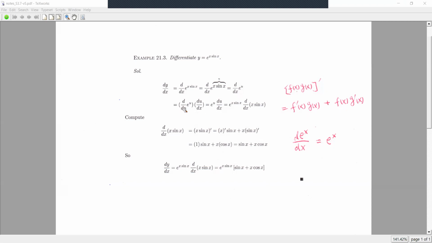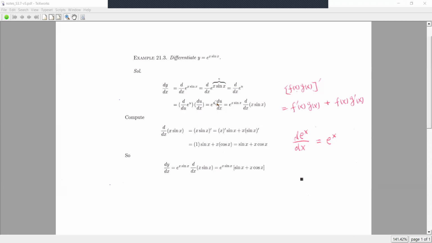I insert du to the denominator and put a du on the numerator. This is a product of two derivatives. The derivative of e to u with respect to u by this formula is e to u. So I have this equation.